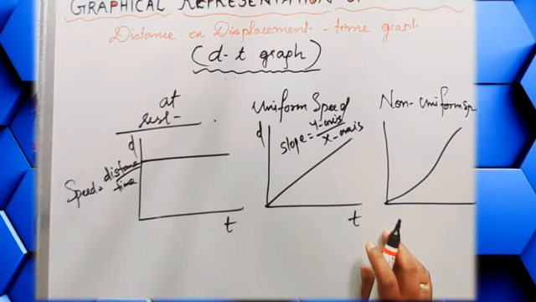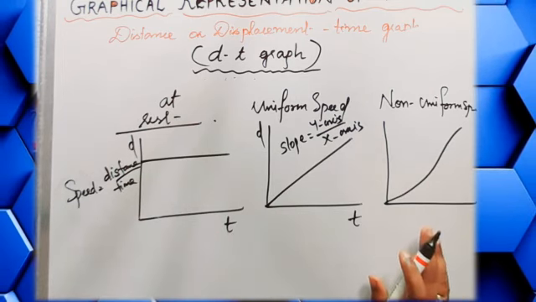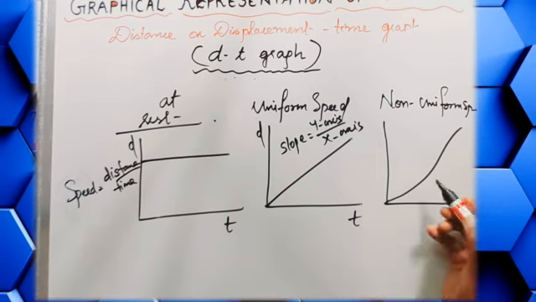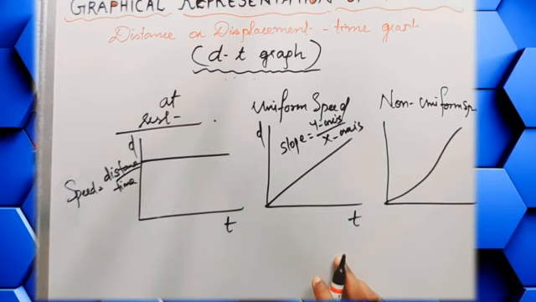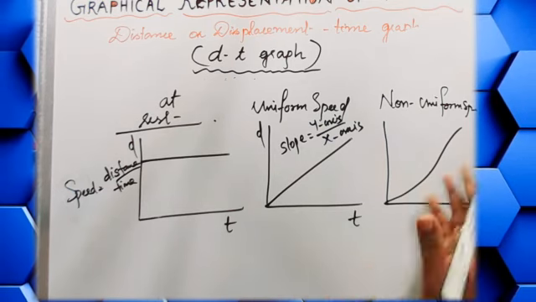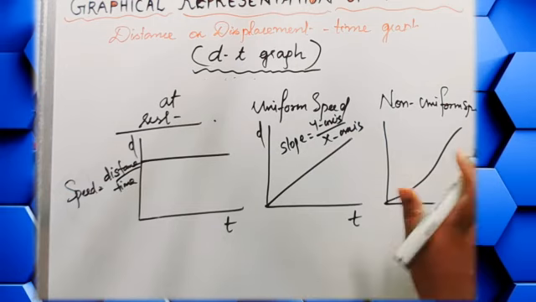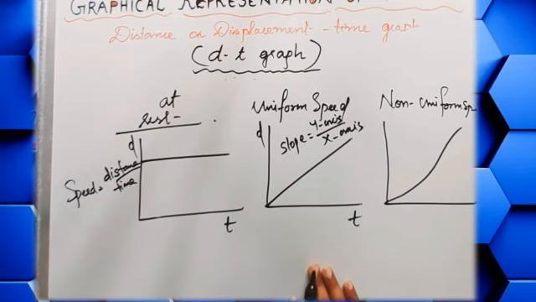For non-uniform speed, in your syllabus you don't need to find it. If you want to find the speed, you can choose any 2 points, and from those points you can find the non-uniform speed like this. Slope is equal to y-axis by x-axis.